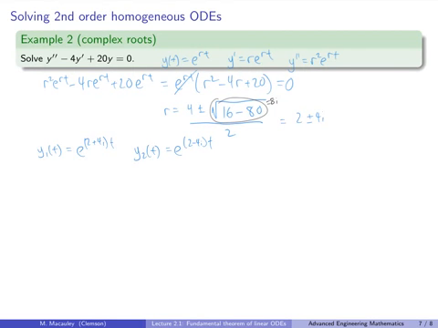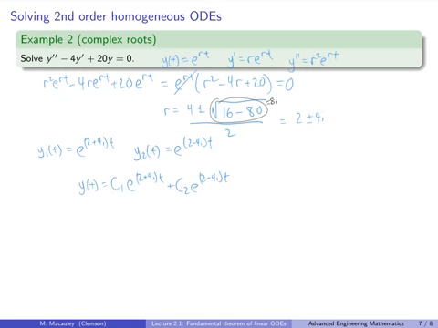We know the solution is a two-dimensional vector space, and these are two functions that are not scalar multiples of each other. So the general solution is y of t equals c1 e to the 2 plus 4i times t plus c2 e to the 2 minus 4i times t. Now if you're remembering your ODEs class, you may be scratching your head thinking, well, this isn't how we solved these.